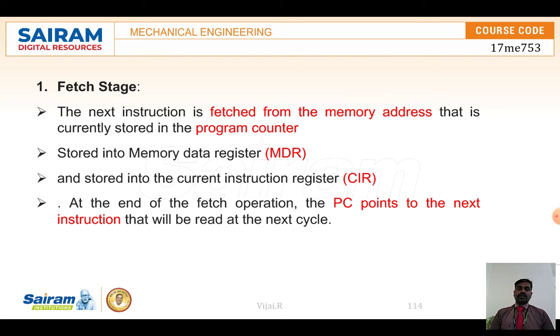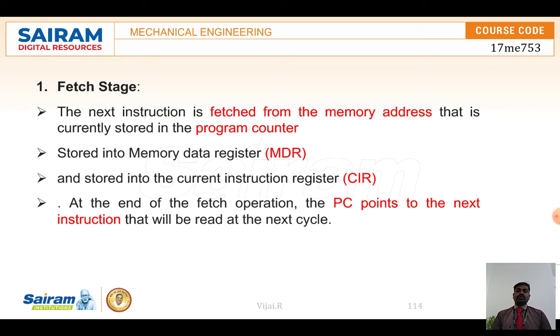Let me see it stage by stage. There are three stages: the fetch stage, the decoding stage, and the execution stage. The fetch stage is where the next instruction we are going to process is fetched from the memory address.